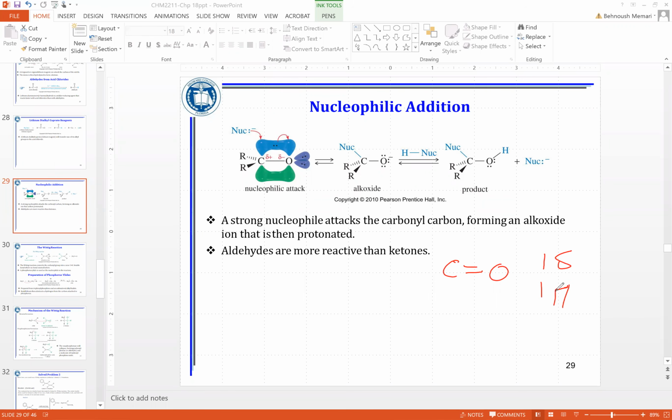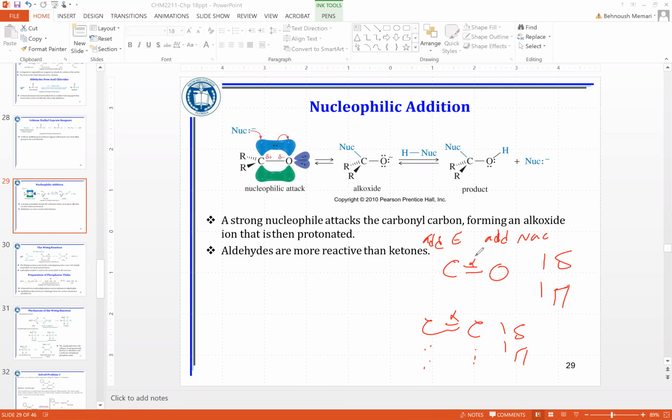So you can break the pi bond just like a C=C double bond, and then add two groups to the carbon. You add an electrophile and you add a nucleophile.